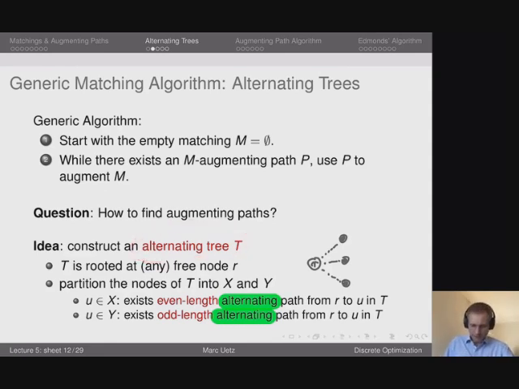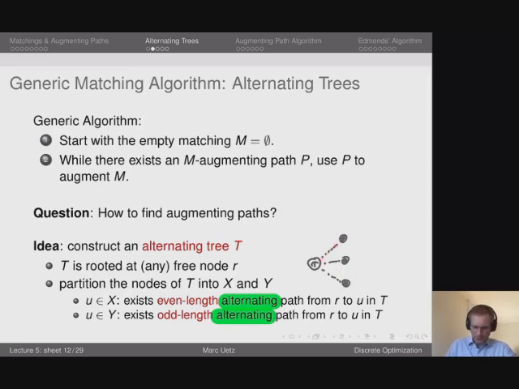So the idea here is as follows. We always start at the node R, which is called the root, which is an unmatched node. Notice that when no unmatched node exists anymore, we can stop because we will have computed a perfect matching. Now, if any of these three nodes here would be unmatched as well, we would be done as well, because we will have found, for example, an augmenting path consisting of only a single edge.